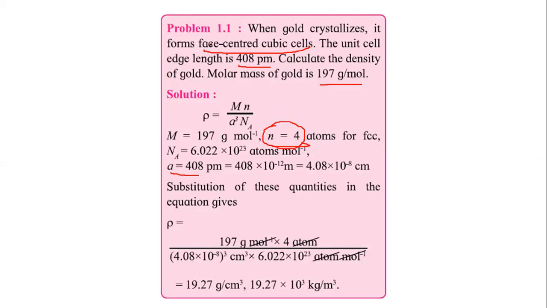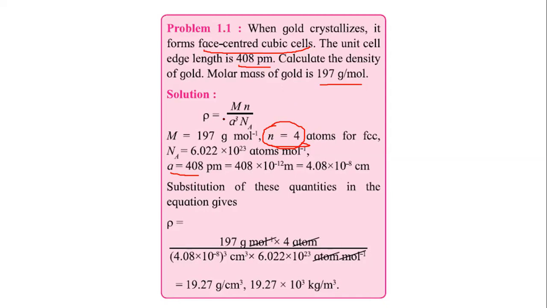If it is a simple primitive unit cell, n is equal to 1. So I think you understand from where this value of n comes. These are the numbers of particles in face centered cubic unit cell. And Avogadro's number is given: 6.022 into 10 raised to 23 atoms per mole.